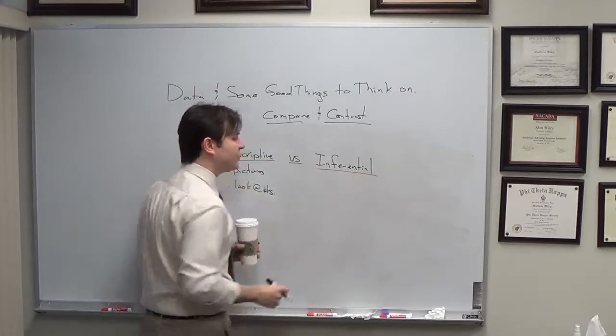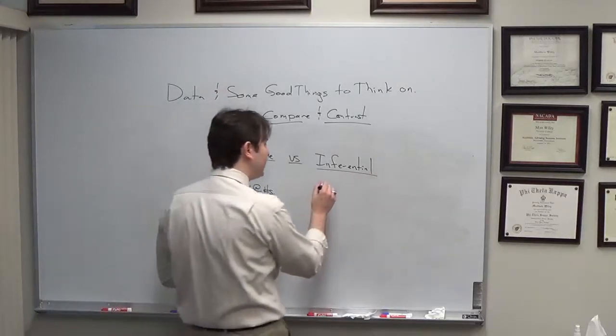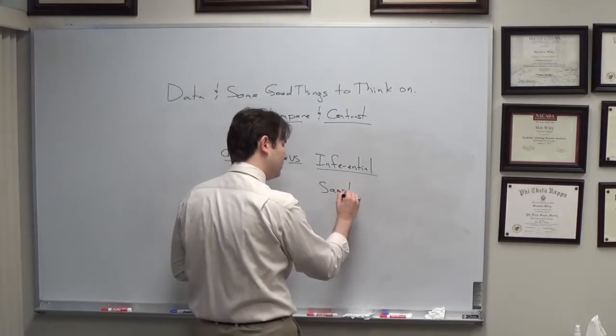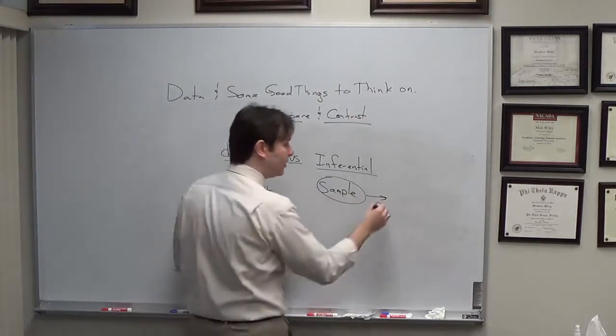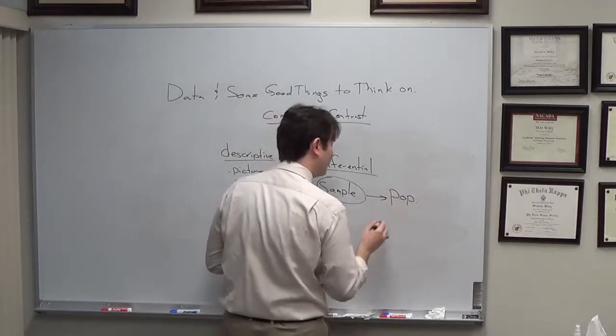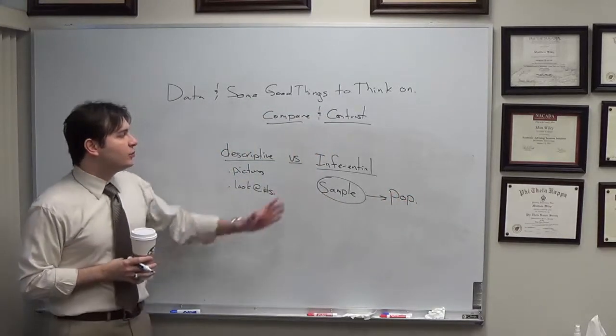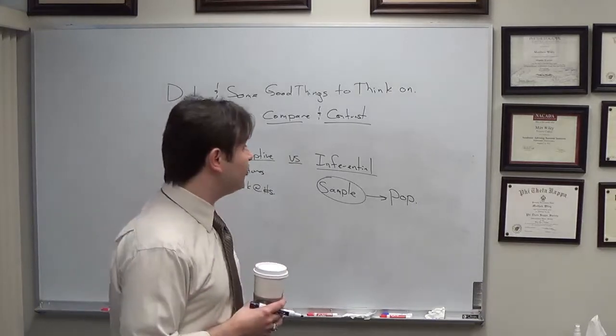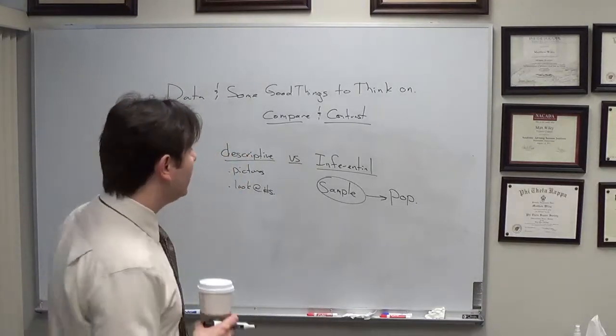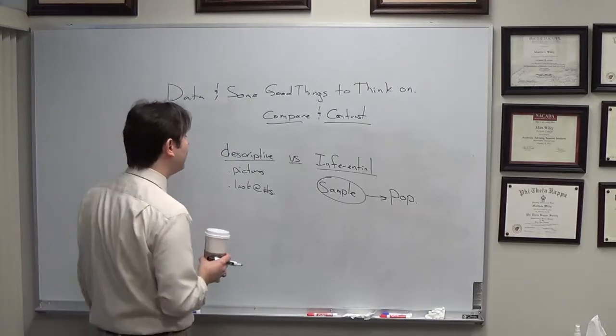Inferential statistics is where you take the sample information, the sample data, and you project it onto the population. This is what we're going to start hitting in the last half of this course. And inferential statistics is where the money is. Inferential statistics is where the real power is.